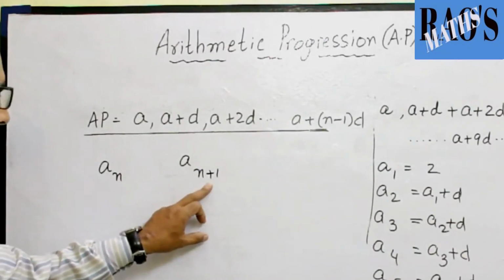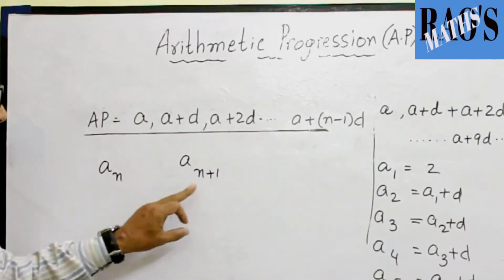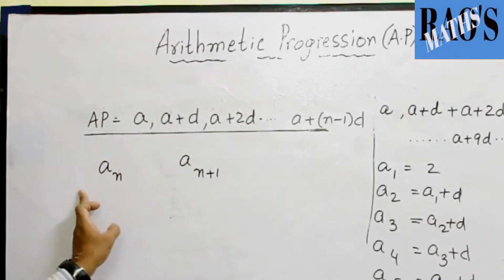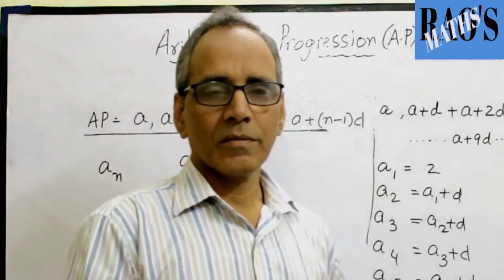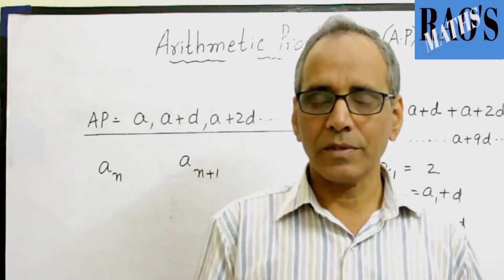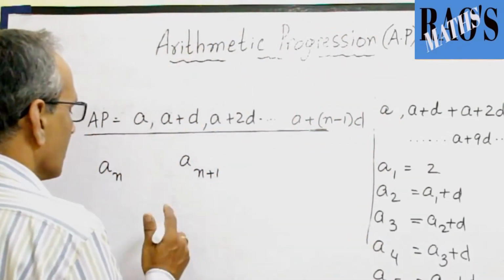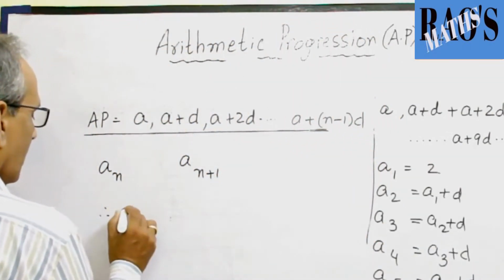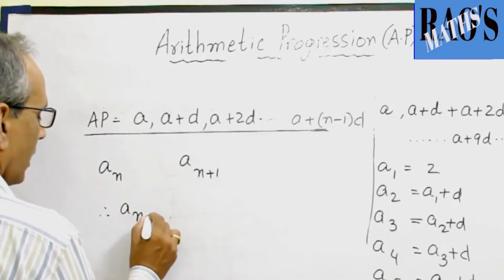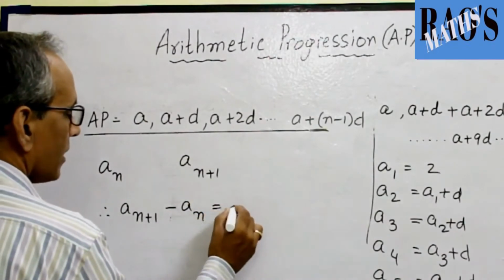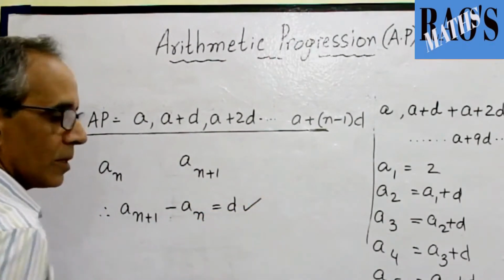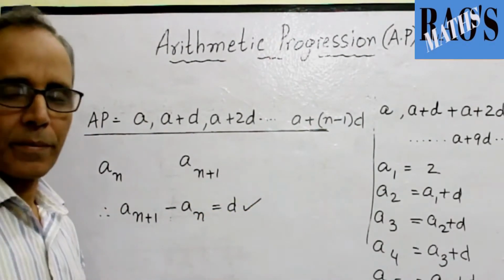It is the successive term of the nth term. If the difference of these two is a constant independent of n, we say the series is an AP. So I say a(n plus 1) minus an is D. If so, the series is an AP.